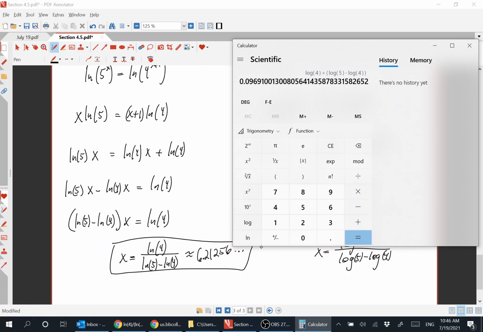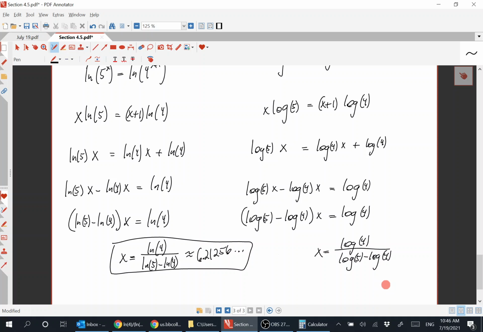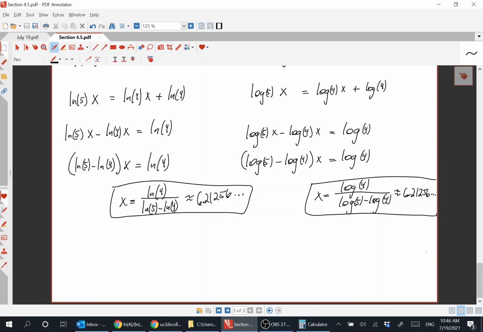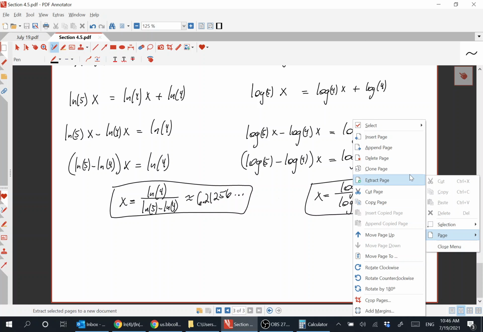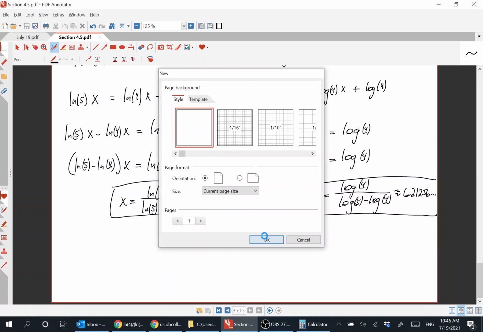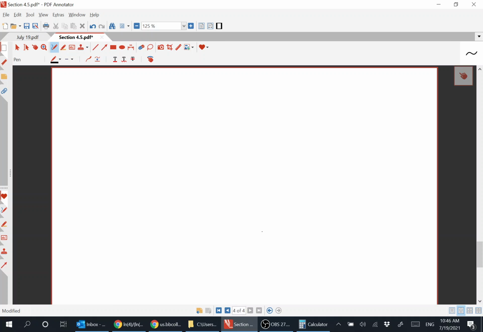Okay, so that's the expression we're calculating right up top there, and 6.21256. Same answer, of course. It's a weird one.